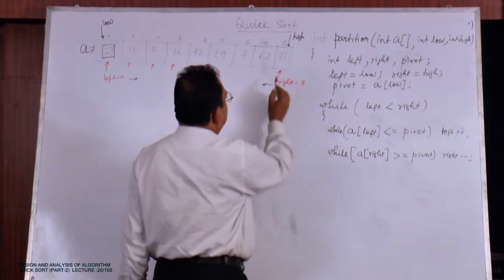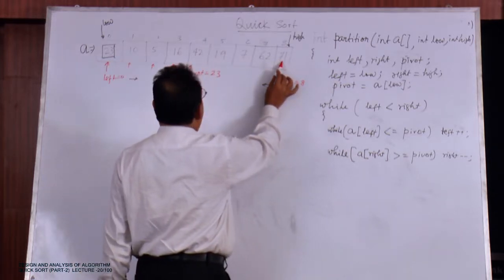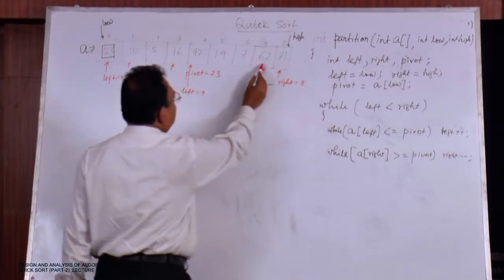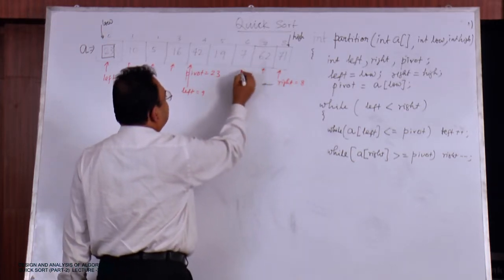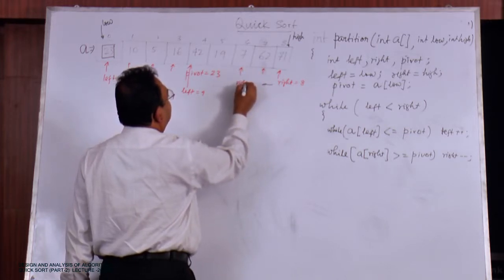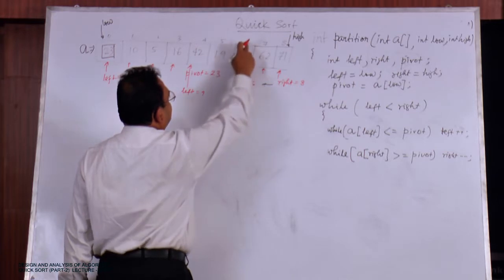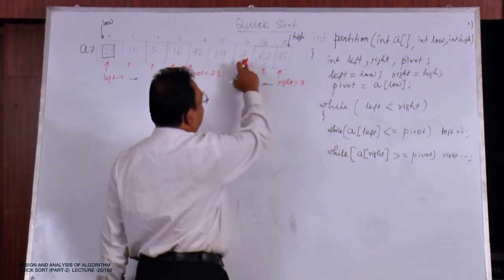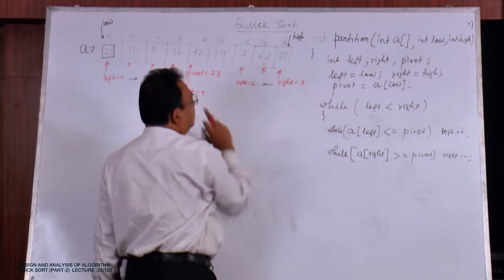What is A[right]? 71, that is greater than or equal to 23, yes. So, right minus minus, right is coming here. This is greater than or equal to, yes, right minus minus. Now, when right is equal to 6, at this index, A[right], that is 7, is greater than or equal to 23? No, that is false.